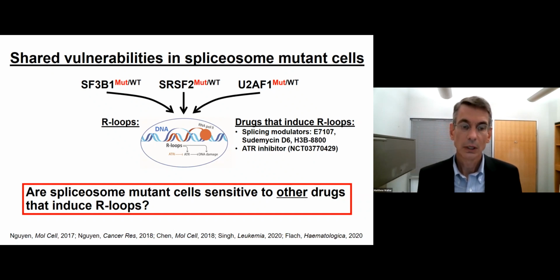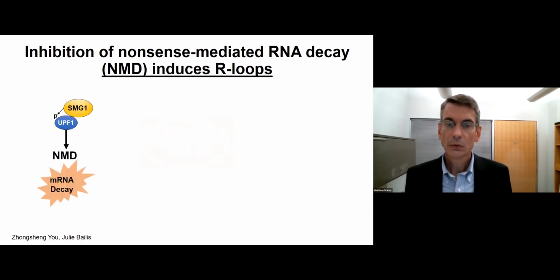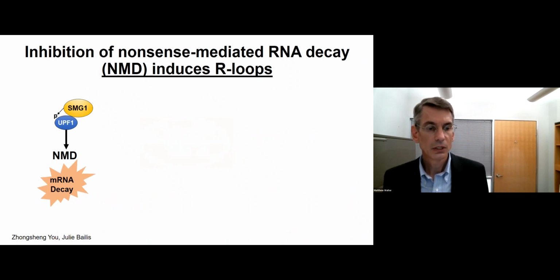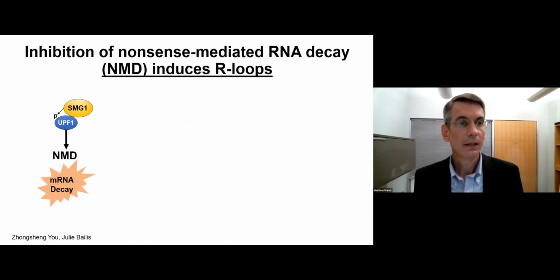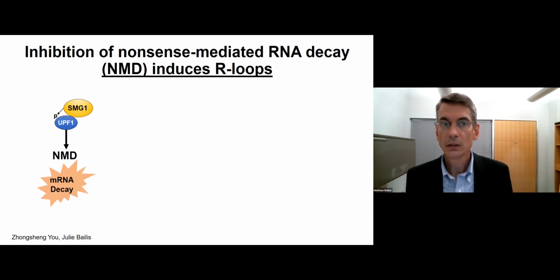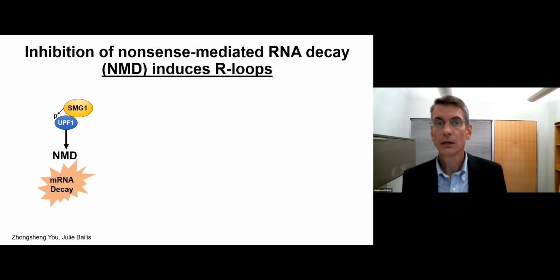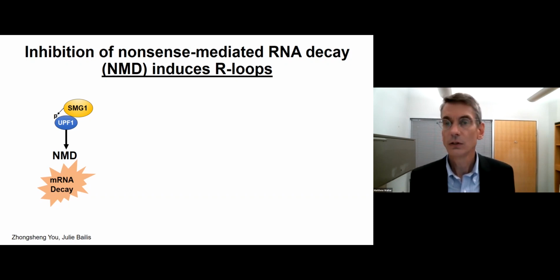that induce R loops? And so through a collaboration with Zongshen Yu's lab, who had the unexpected observation that inhibition of nonsense-mediated RNA decay, or NMD, can induce R loops, we went forward and addressed this question.